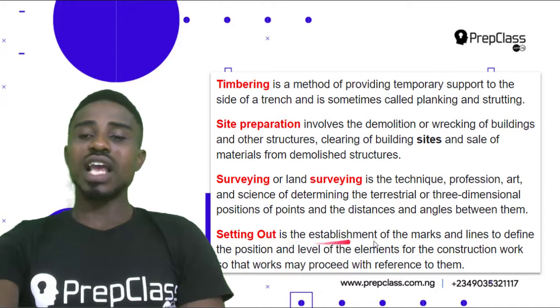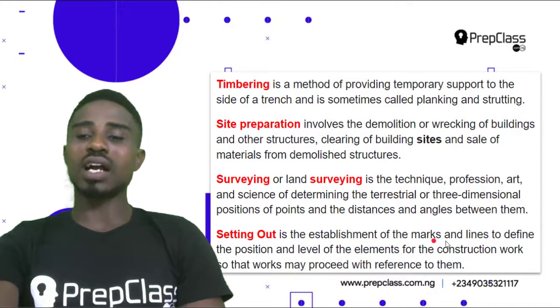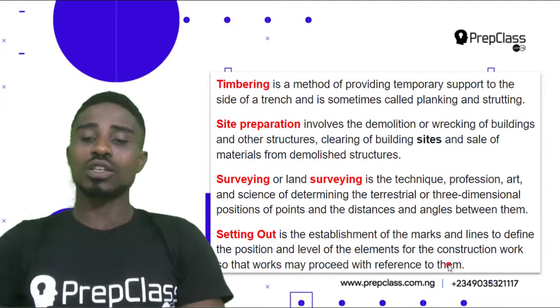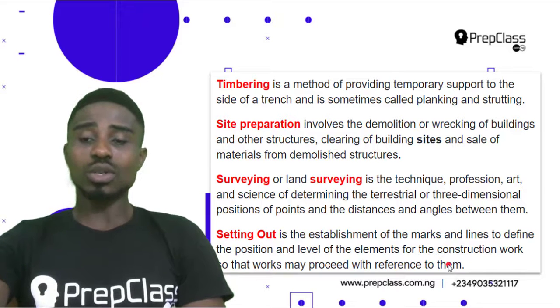Setting out is the establishment of the marks and lines to define the position and the level of the elements for the construction work so that works may proceed with reference to them. So setting out basically answers our question. Let's look at the question again.